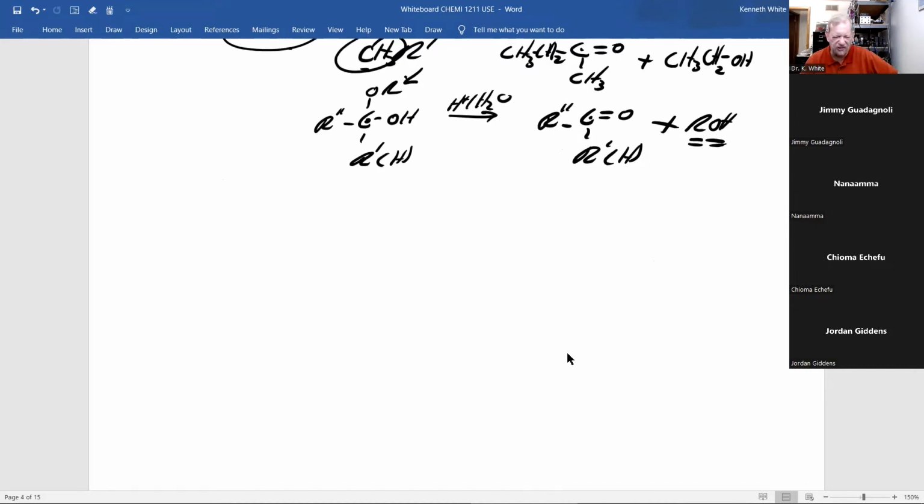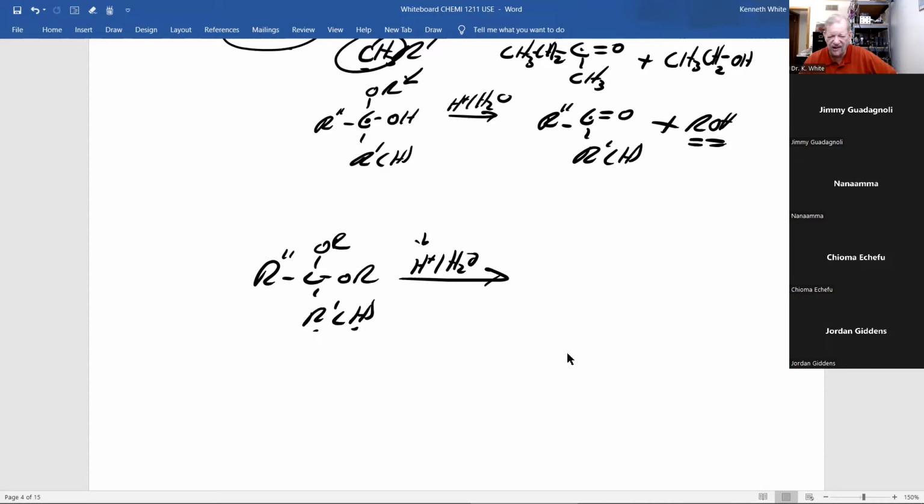Next reaction students have problems with on test number 2, and the final too really, is this. React this molecule, R prime can be carbons or hydrogen, and acid and water. H plus means acid.